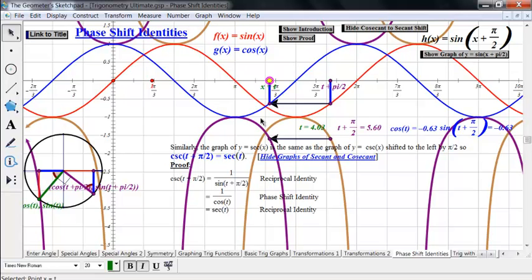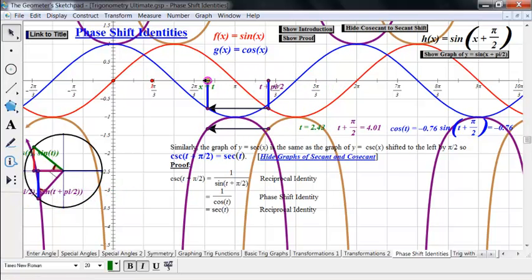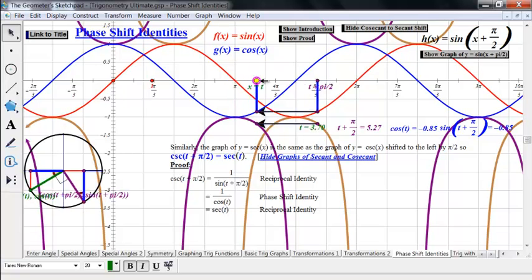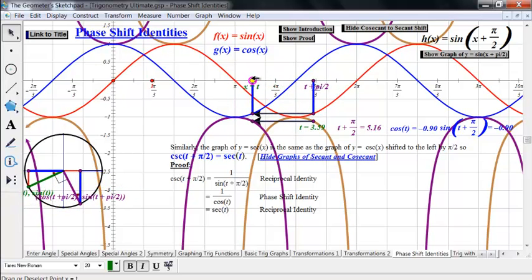And so we see that those are phase shifts of each other, just since they're reciprocals of the sine and cosine. And so again, if we take the brown graph of cosecant and shift it to the left by pi over 2, we get the purple graph of secant.